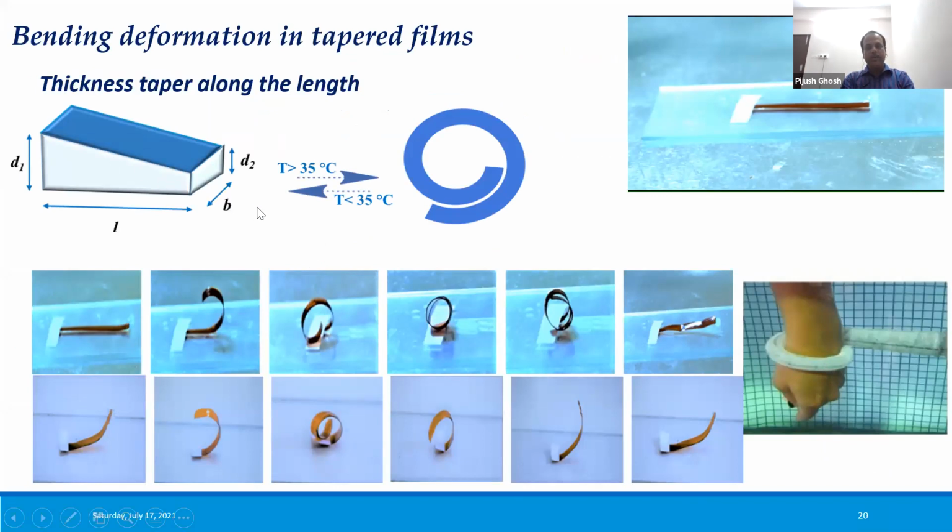This tapering gives rise to different mechanical stiffness, E times I, the modulus times the moment of inertia, and that gives rise to different local curvature. As the temperature rises above 35 degrees, it undergoes a coiling like this, and you can get this type of coiling behavior.